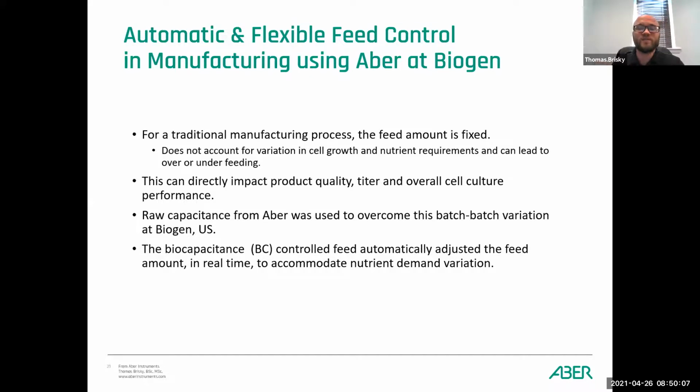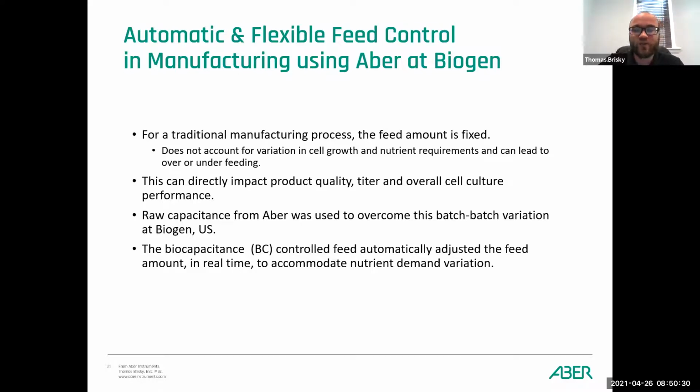This fixed feed strategy does not allow for any variation in cell growth or nutrient requirements in real time, which can lead to either over or underfeeding your process. And this over and underfeeding can directly impact titer and in general impacts the overall process performance of cell culture.